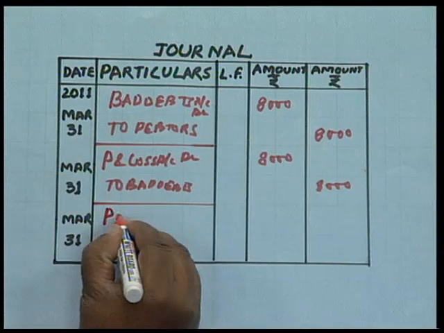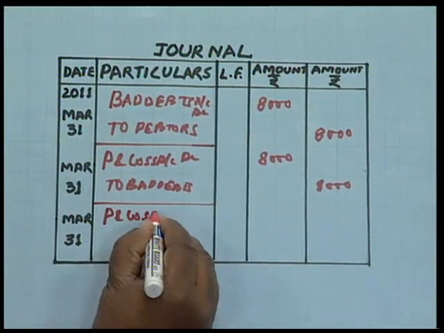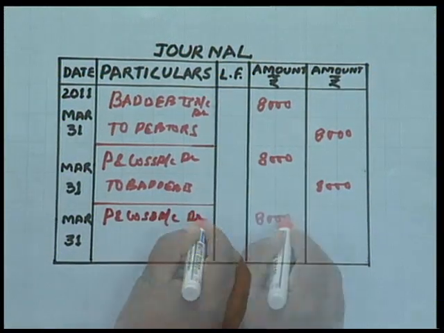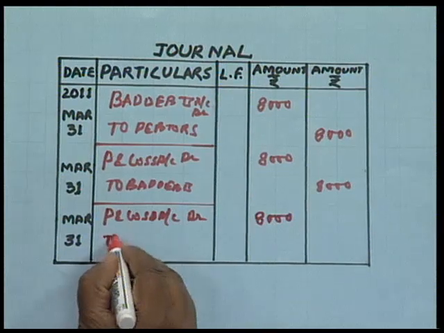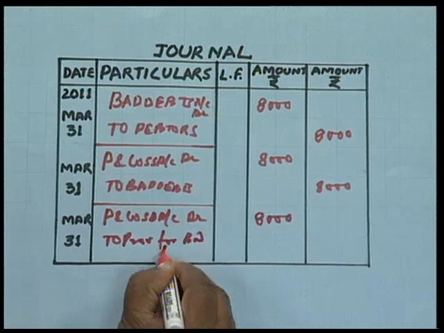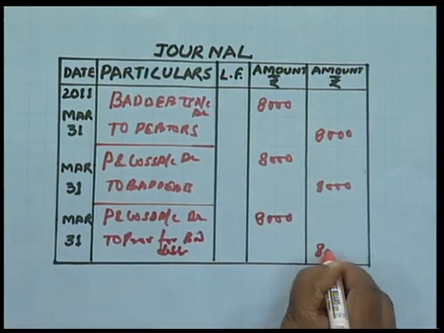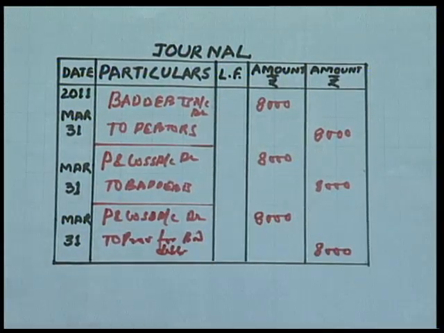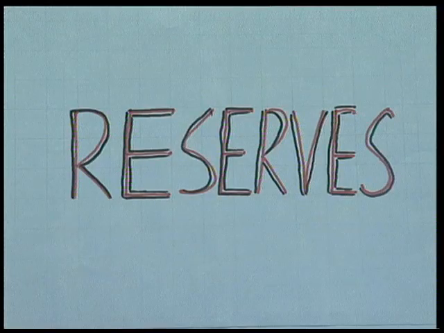The profit and loss account will be debited as rupees 8,000 and transferred to provision for bad debts account, that is 8,000 rupees.